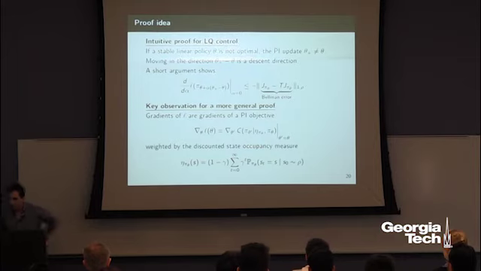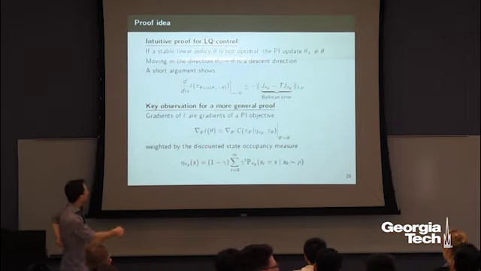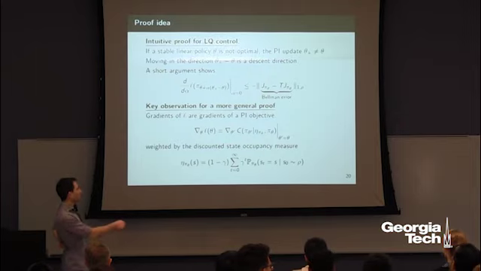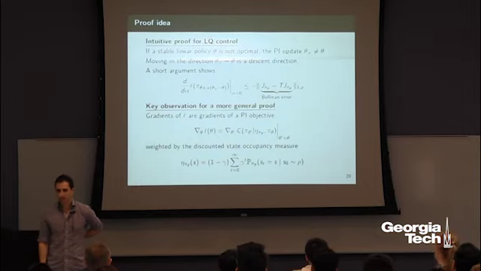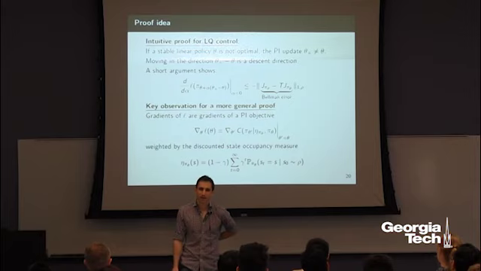I'll just hint that the key observation in a more general proof is a bit different. It involves relating the gradients of the policy iteration objective to the gradients of the global loss. It's sort of a reinterpretation of what policy gradient theorems tell you, for people who know what that is.